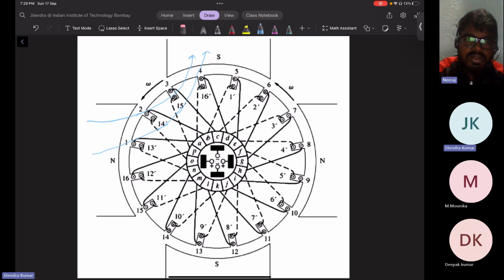So in case the conductors are embedded in the armature, it is likely that almost all of the conductors will be linked by flux lines. Some may be more, some may be less, but every conductor should be linked.